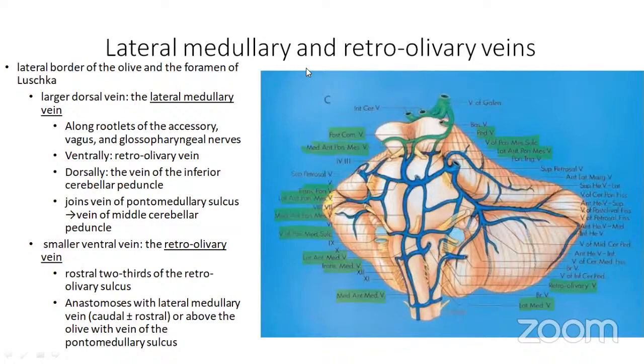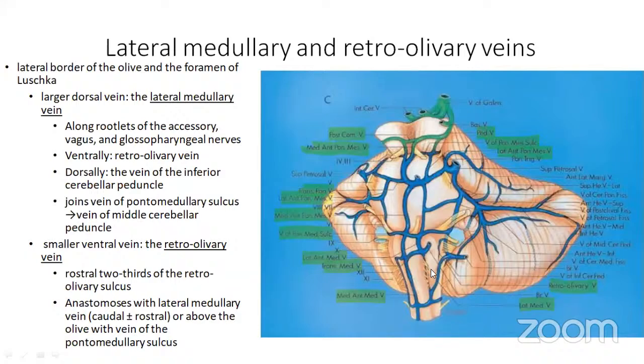The lateral medullary and the retro-olivary veins. These are present at the lateral border of the olive and the foramen of Luschka. These veins are divided into two segments: a large dorsal vein, that is the lateral medullary vein, and a smaller retro-olivary vein. The large dorsal vein courses along the rootlets of the accessory, vagus and glossopharyngeal nerves.